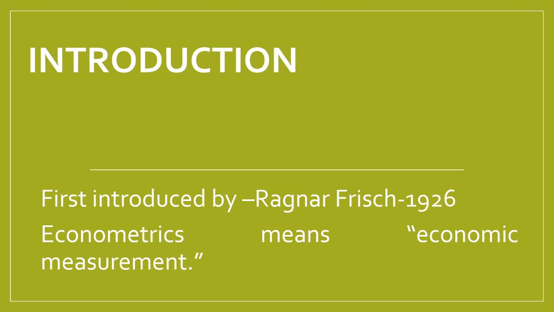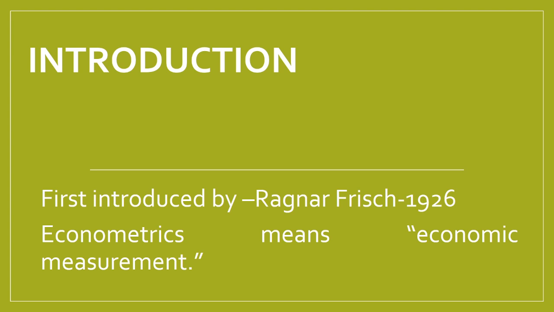These are the points to be remembered about econometrics. That is, the term was first introduced by the Norwegian economist and statistician Ragnar Frisch in 1926. Even before the First World War it was used, but it gained momentum after the World War, and especially by the establishment of the Econometric Society in 1930 and the publication of the journal Econometrica in 1933.